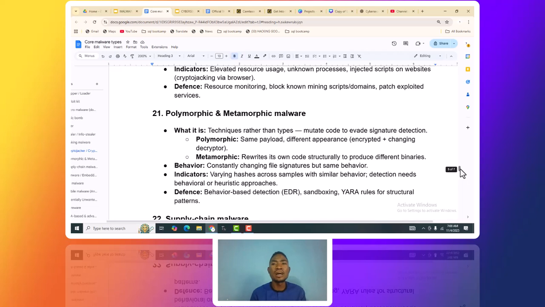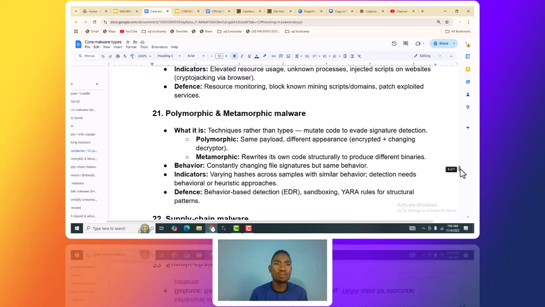It uses encryption and changing decryptors. And we also have metamorphic, which actually rewrites its own code structurally to produce different binaries. Some of the behaviors of polymorphic or metamorphic malware are that it constantly changes file signatures but has the same behavior, and it varies hashes across samples with similar behavior.